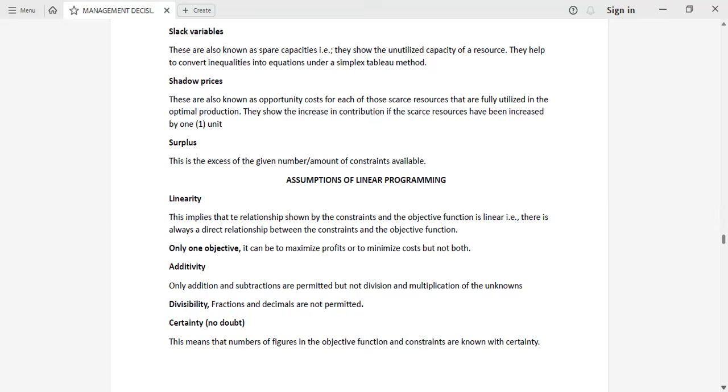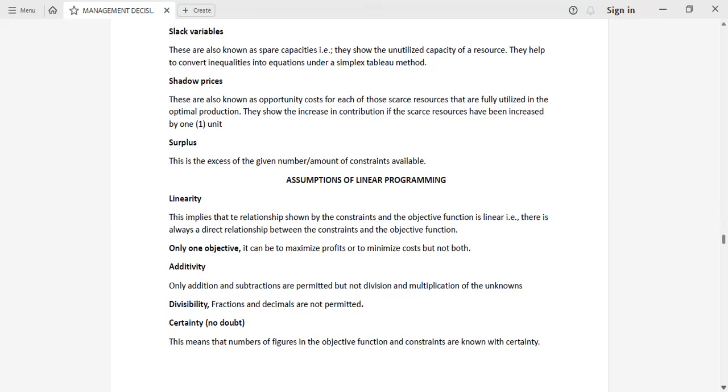Then the other aspect is that they are saying there is only one objective. It is either we are going to maximize profit or we are going to minimize cost, but we can't do both. You can't say I'm going to maximize profit and at the same time minimize costs. The objectives can't be at the same time.